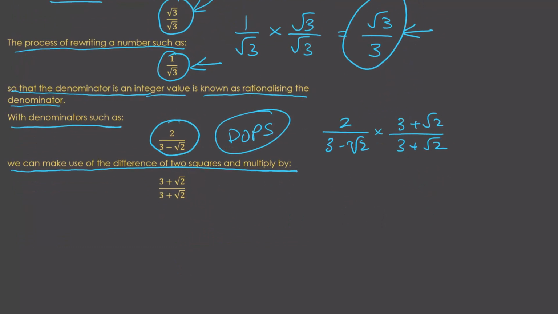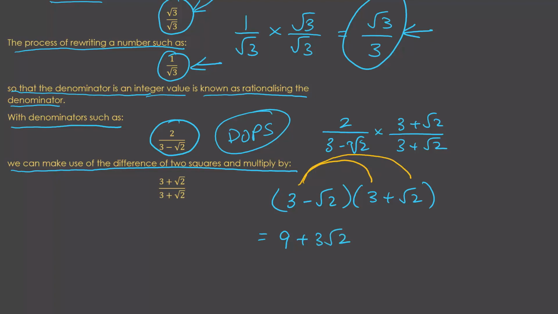Now, without going through that example in its entirety, how does that work? If you look at the denominator, we would be doing this. And that means that we would get 9 plus 3 root 2 minus 3 root 2 minus 2.